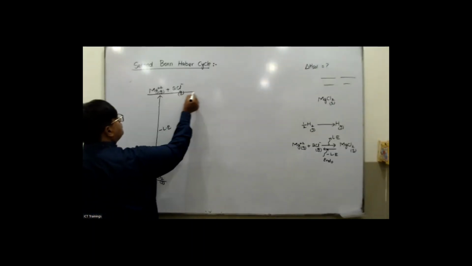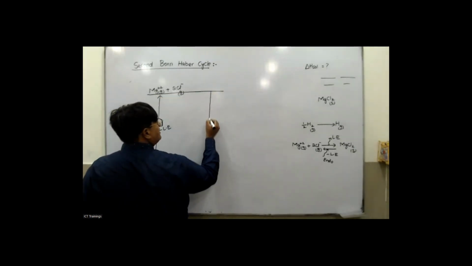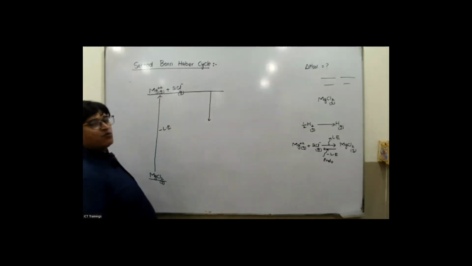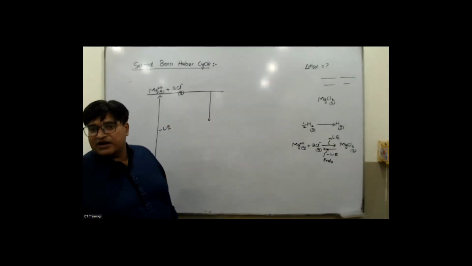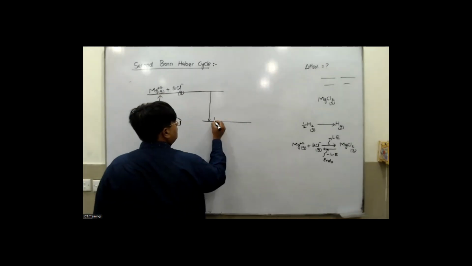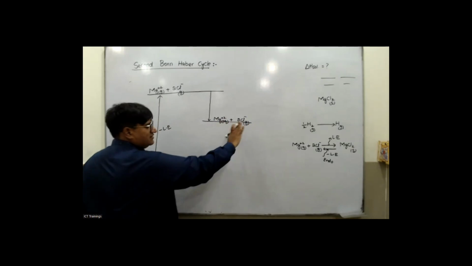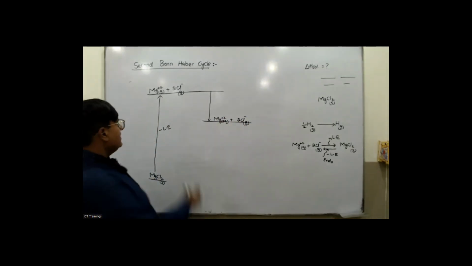Now you have the two gaseous ions. Now what should you do? You should change these gaseous ions one by one into aqueous ions. So first of all, I'm going to write Mg2+ aqueous and 2Cl- that is gaseous, not changed.